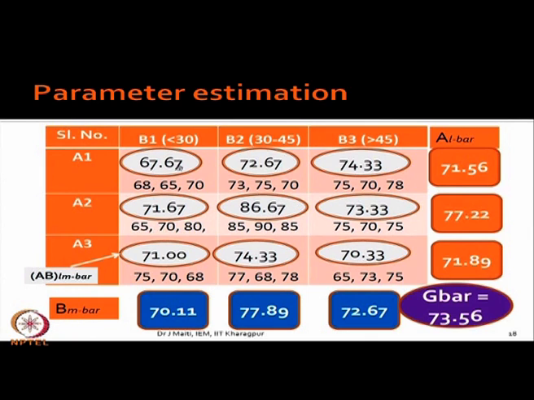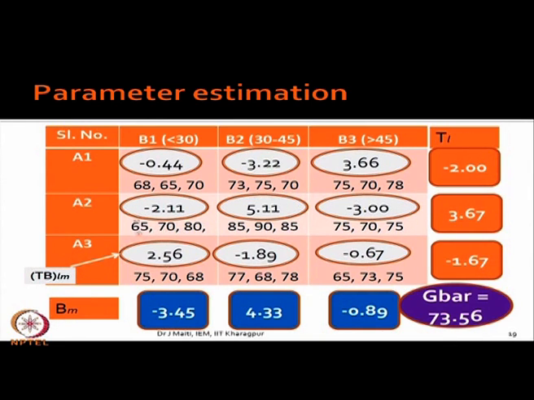That means 67.67 minus this. This way you will be able to get. Now, see what is happening. You are getting everywhere the tau L, beta M and tau beta LM. These are the parameters. Apart from this, what more do you want? You want to calculate the error component also. Error component is also your parameter.